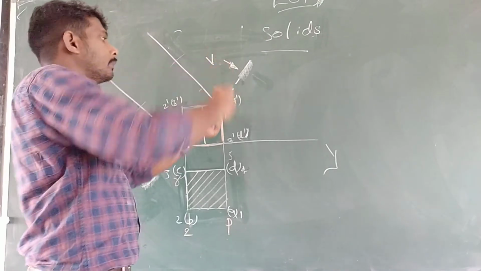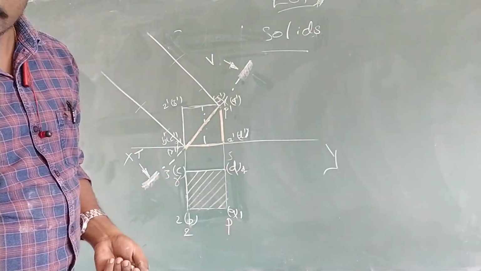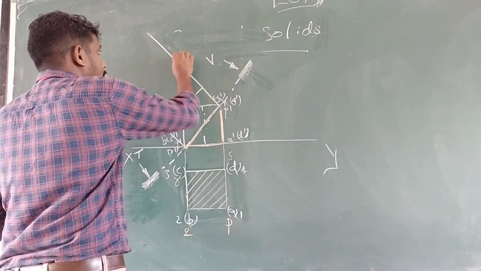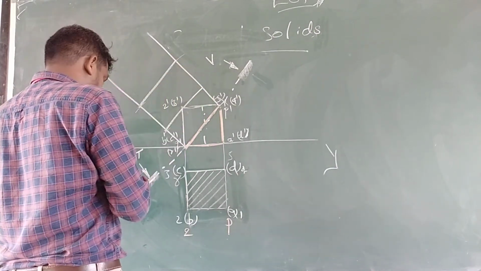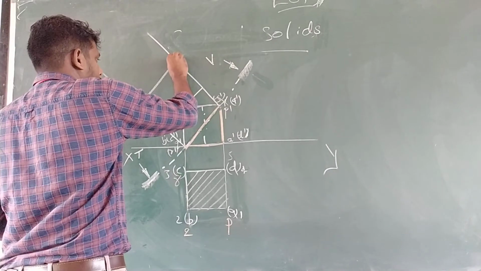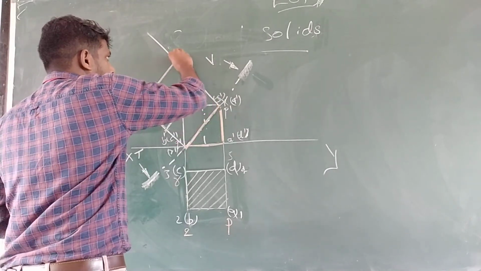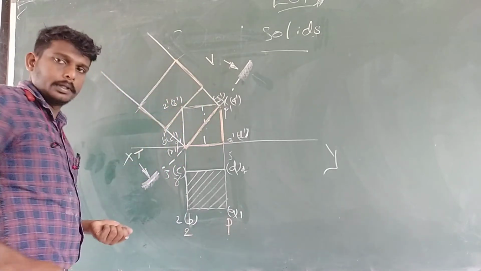It's a simple problem in section of solids. Then complete the figure. Now you can see this is a rectangle. This is the true shape of the section.